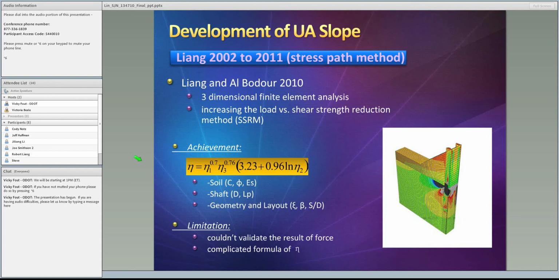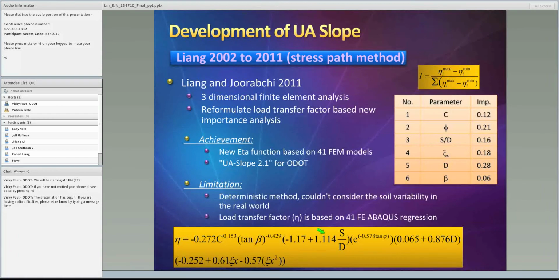In his equation, the eta function is related to 6 parameters: C, the cohesion, beta, the slope angle, spacing, shaft diameter, and the shaft location. And also, Zhang Ruoqi generated another version, UASLOPE 2.1, for ODOT in 2010.